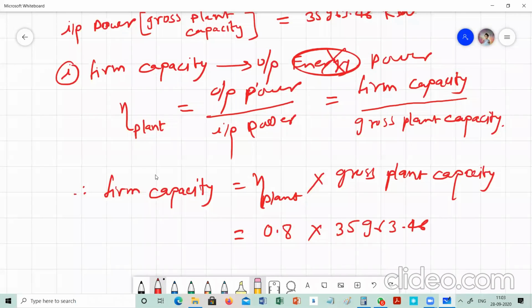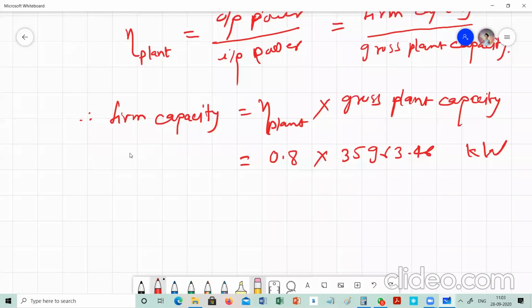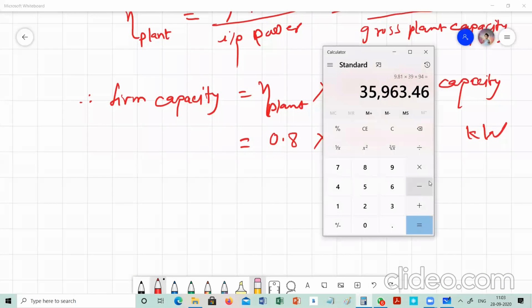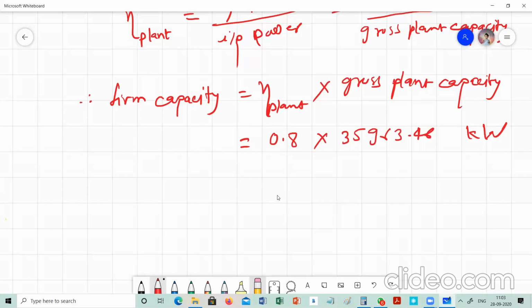The firm capacity will come in kilowatt, because gross plant capacity we have calculated in kilowatt. So firm capacity is 35,963.46 into 0.8, equal to 28,770.768 kilowatt.